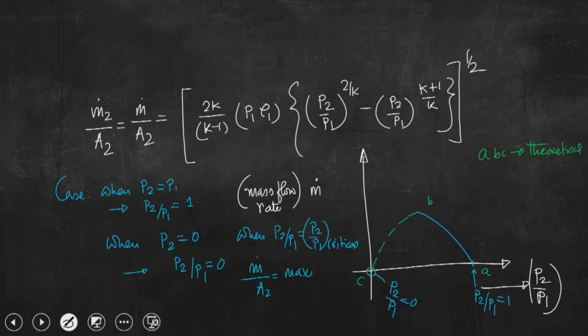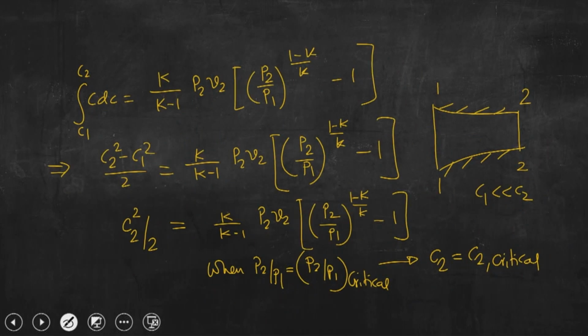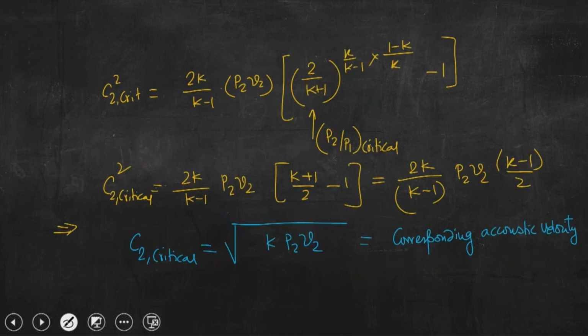Now, from this mathematical exercise, we have established that when the pressure is the exit critical pressure, the corresponding exit velocity is the critical velocity, which is nothing but the sonic velocity of the flow at the same temperature and pressure of the medium when there is a flow.